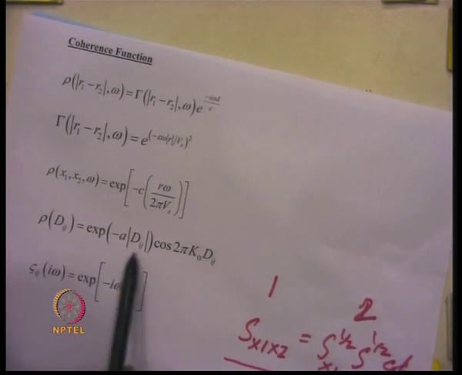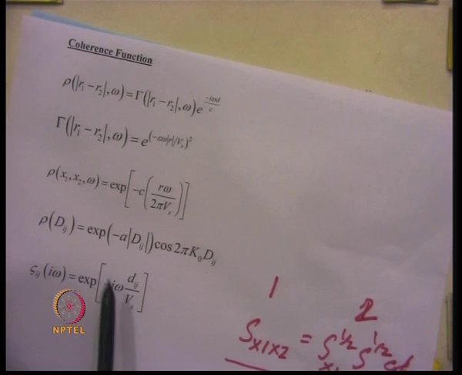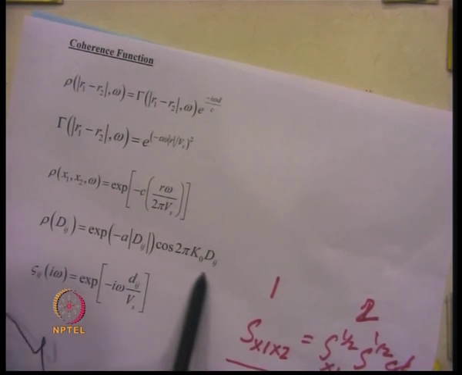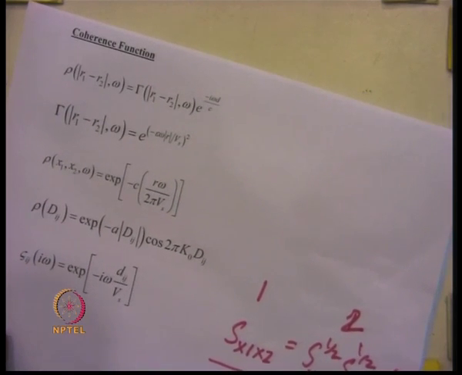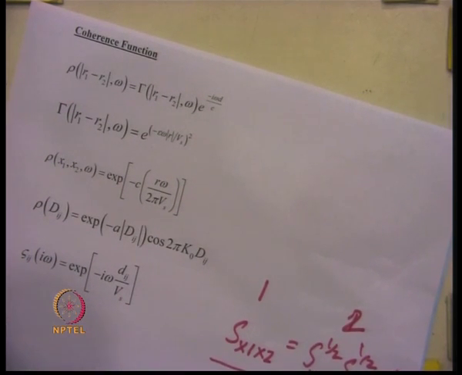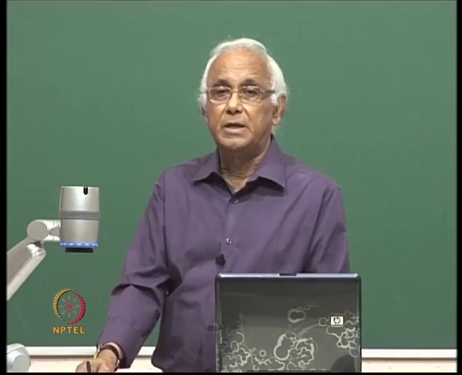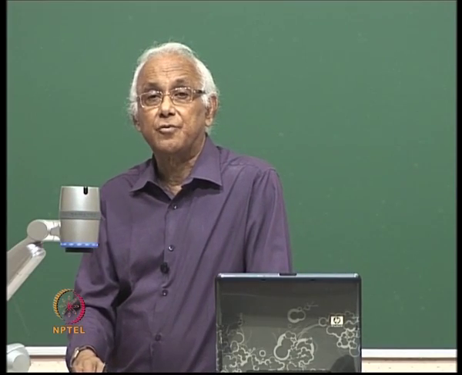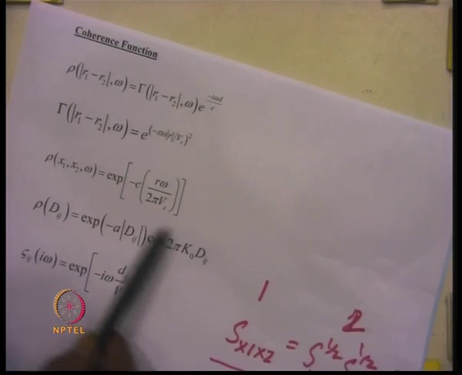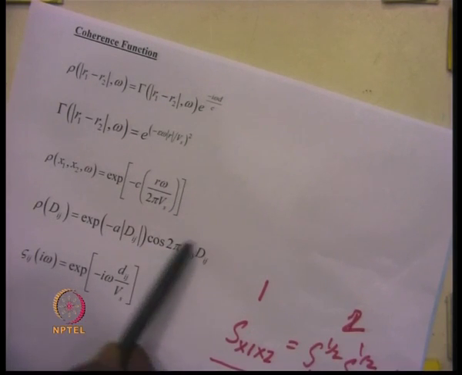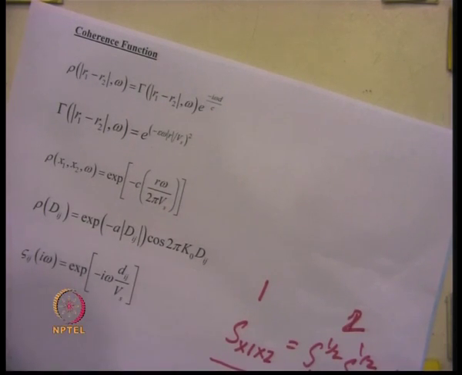This exponentially decays, and this form of the coherence function was obtained from the recorded data in Taiwan, and an exercise was done there with the available data to find out different forms of the coherence function, and one set of data happened to coincide with this kind of empirical equation.